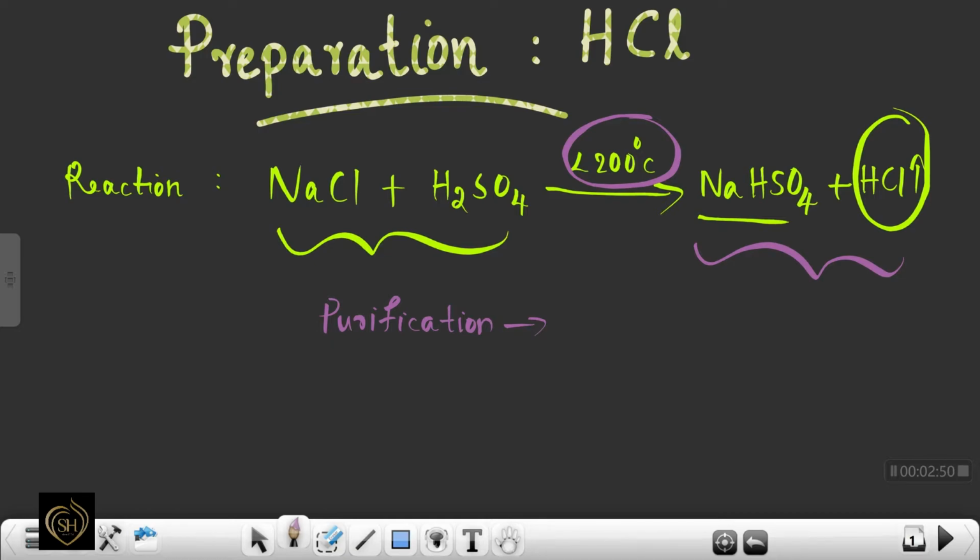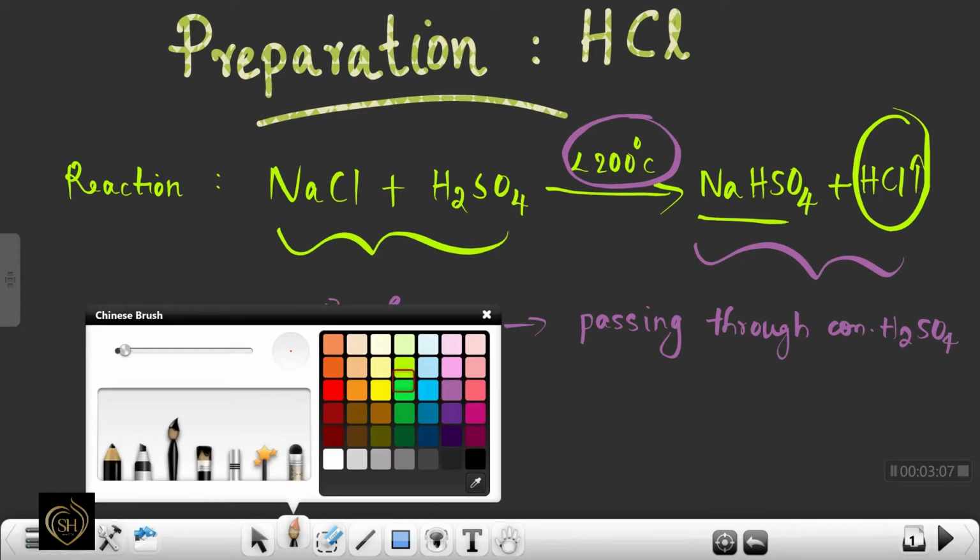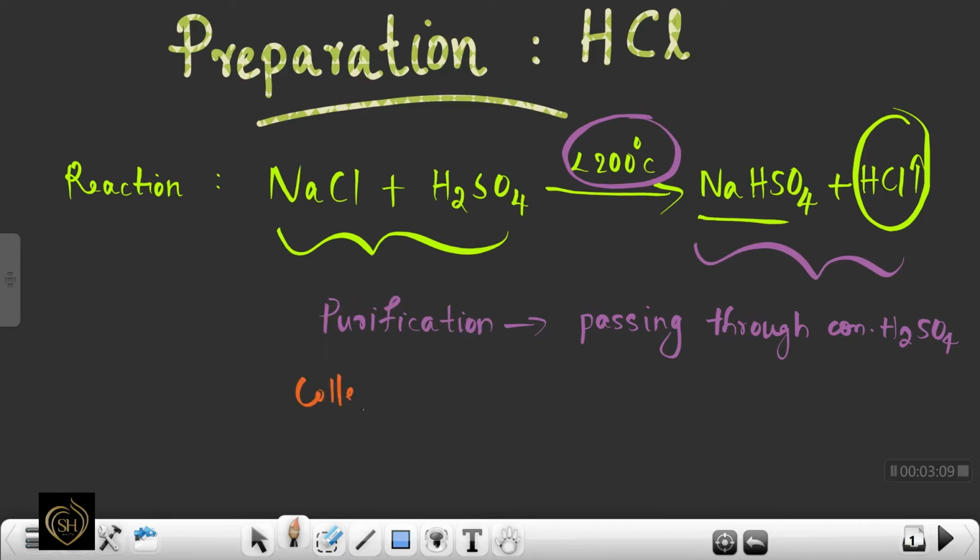It is purified, or dried, by passing through concentrated sulfuric acid. And how can we collect the hydrogen chloride gas?